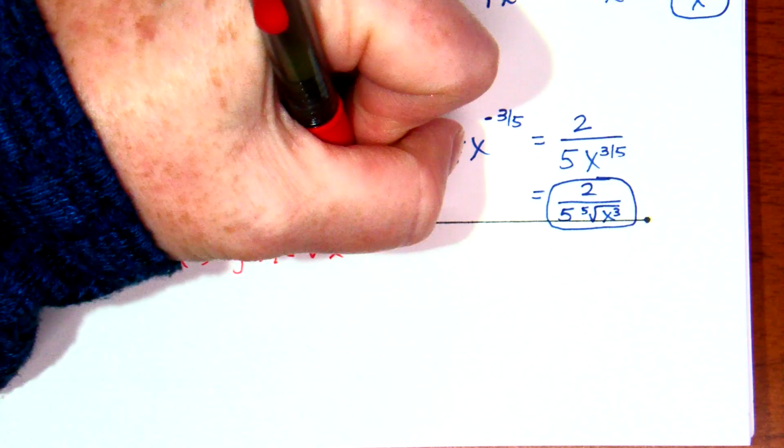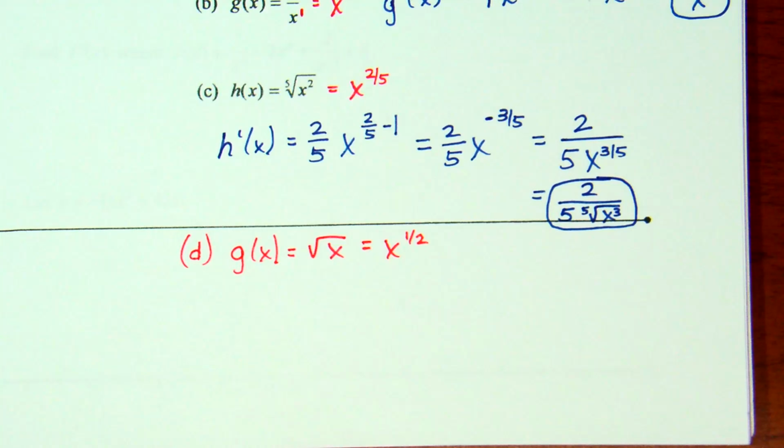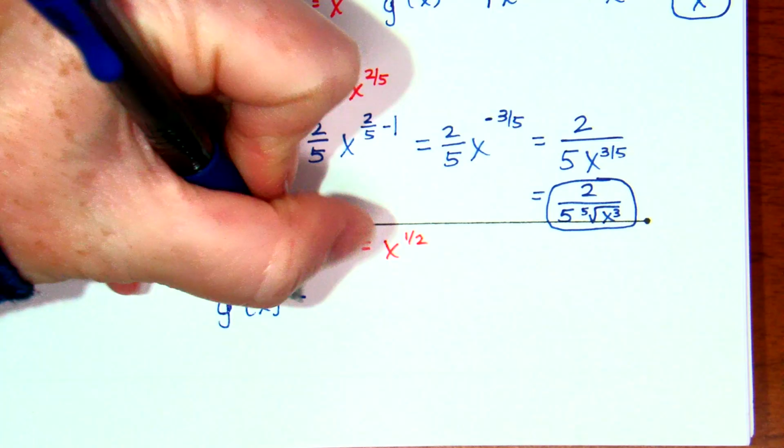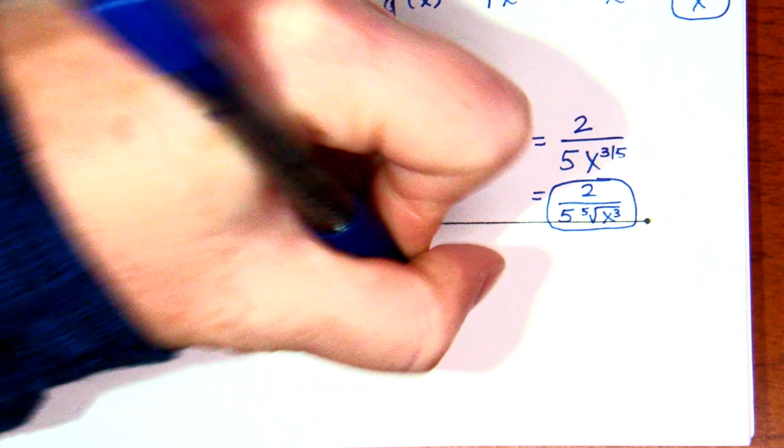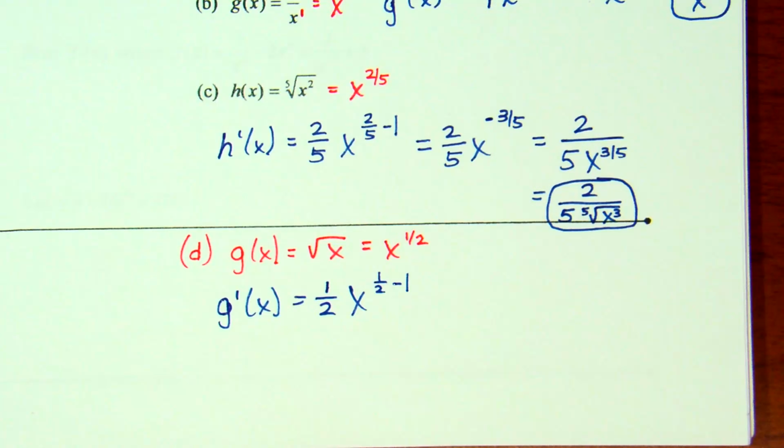G of x, or the square root of x, is x to the 1/2. So what's g prime of x become then? 1/2 out front, x to the negative 1/2. I wrote mine as 1/2 minus 1. But 1/2 x to the negative 1/2.